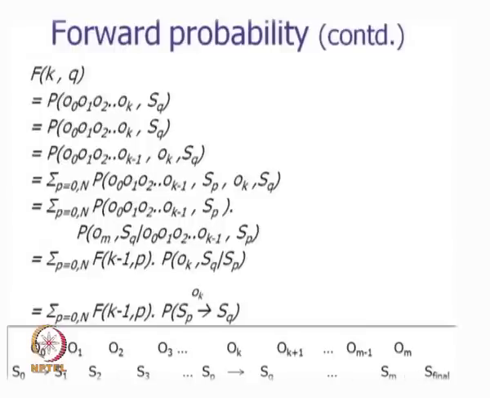So, when we do so, we find that we are transiting from state to state with the output observation O k. So, S p to S q, there is a state transition, and O k is the observed output symbol. Now, this is a diagram which is capturing the relationship between the observed sequence and the state sequence.